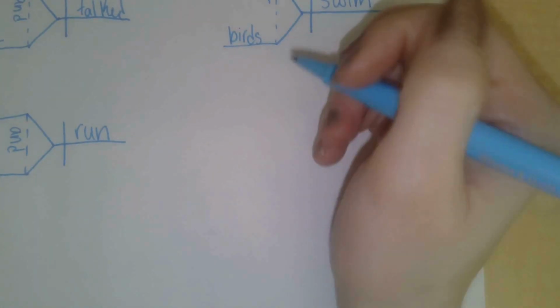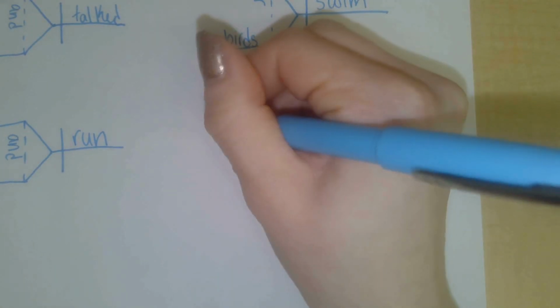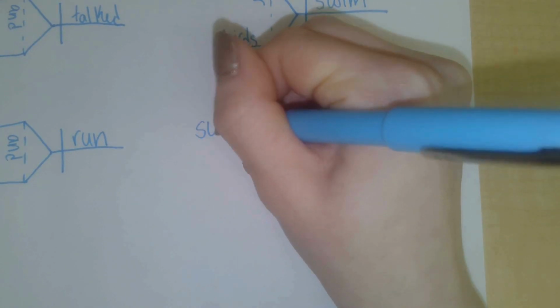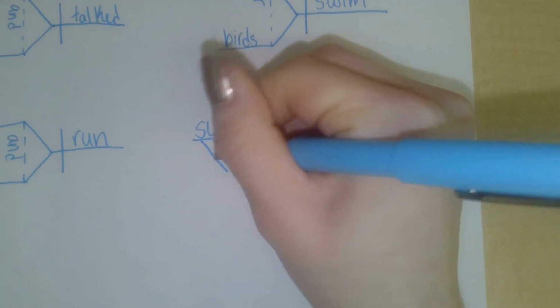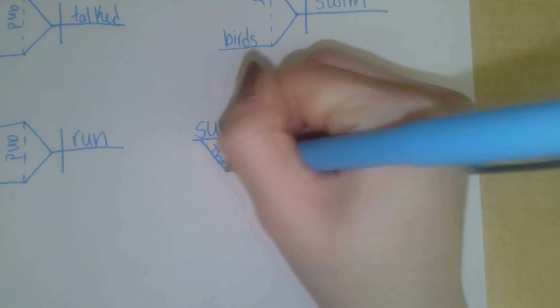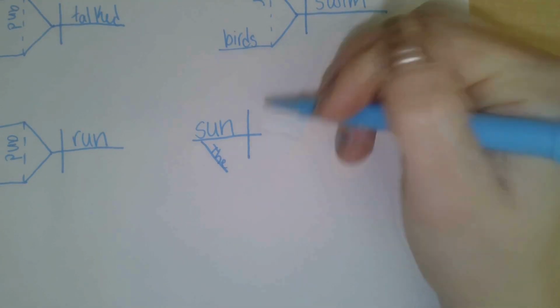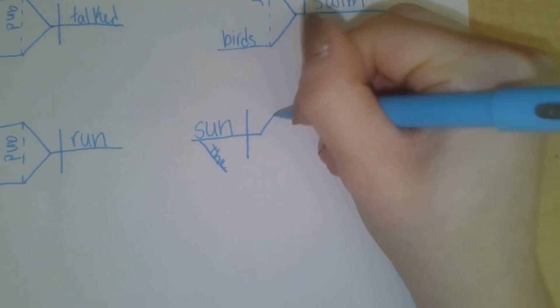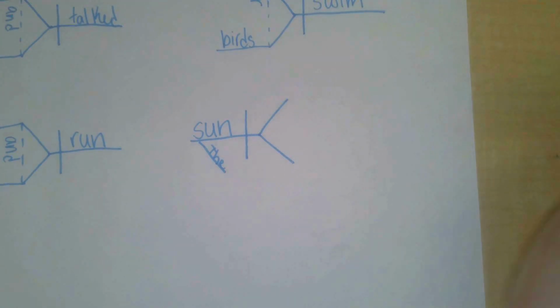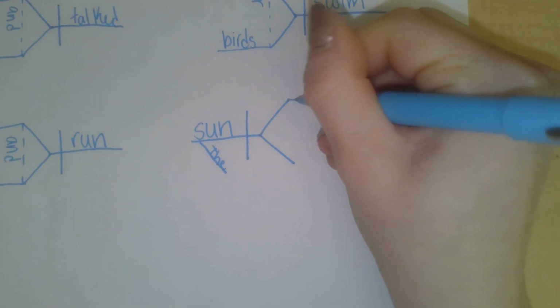We have our subject in the sentence, the sun. That's what's doing something. And we still need to say the under sun. Can't lose any words. The sun, and we need to separate the verb from the subject. And then the line splits in two because we have two verbs.